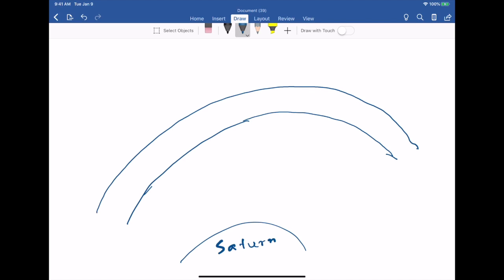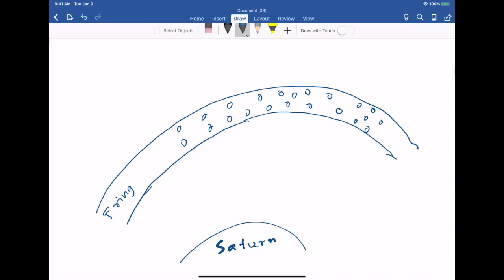So this is the F ring. And what I'm claiming is that all the chunks of ice that make up the F ring, for some reason, stay within this band. Why don't they drift away from the band? I mean, they're constantly colliding with one another. Why don't they just drift away from the band and spread out and diffuse?